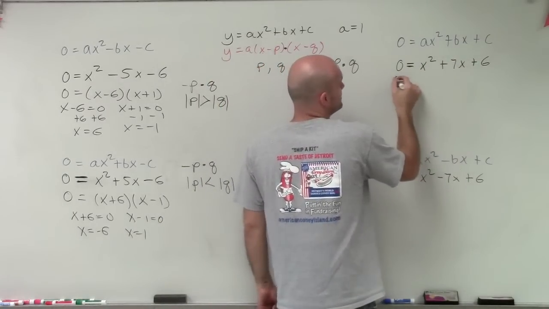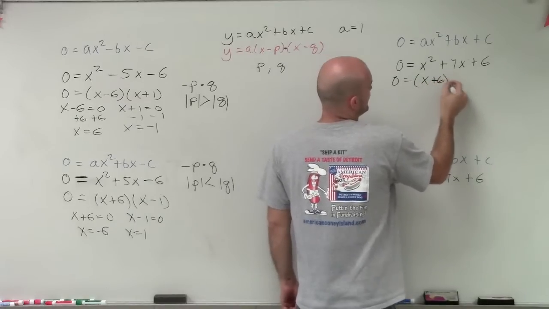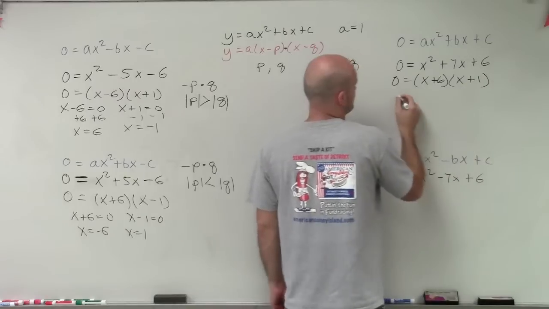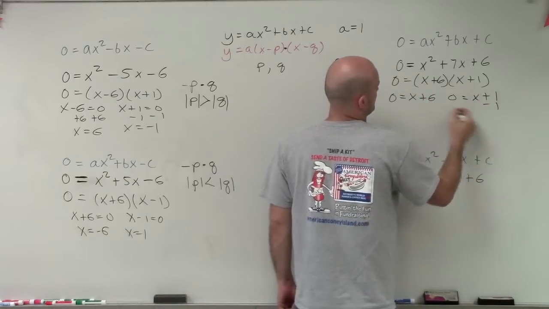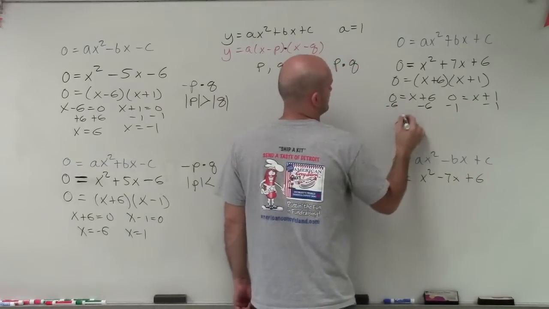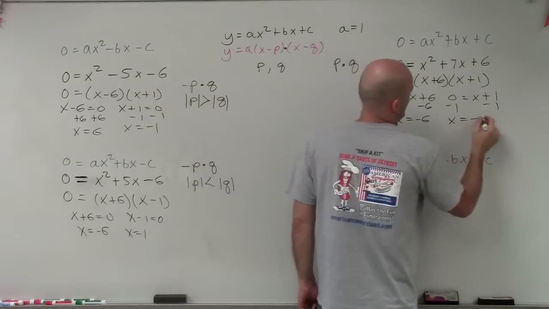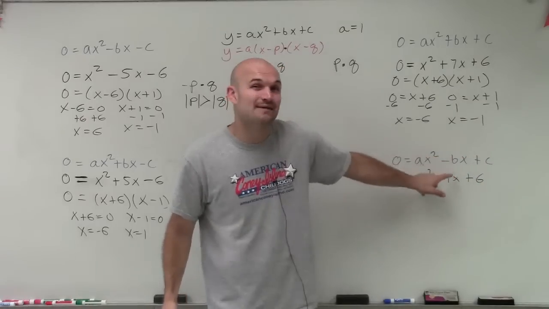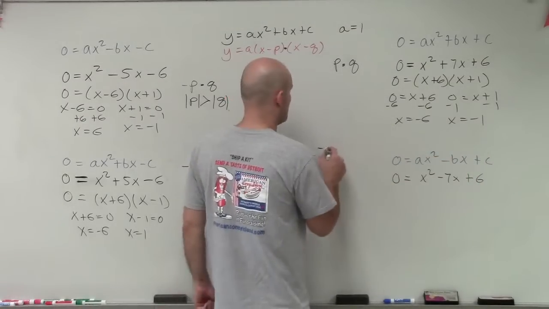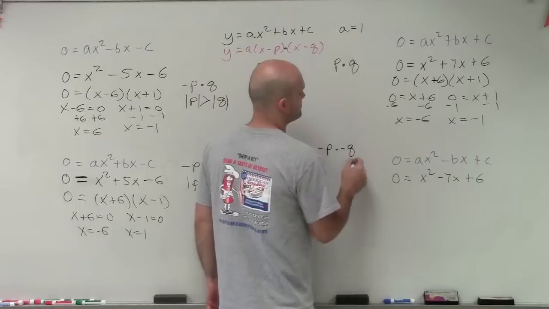So in this case, I have x plus 6 times x plus 1. And now when I have a positive c, but my middle term is negative, then both of my factors have to be negative.